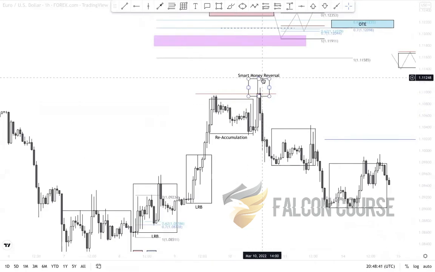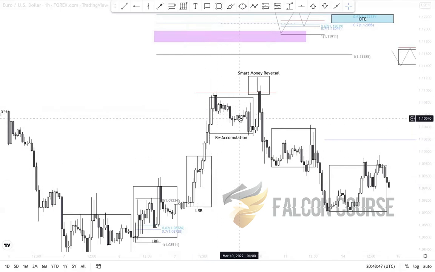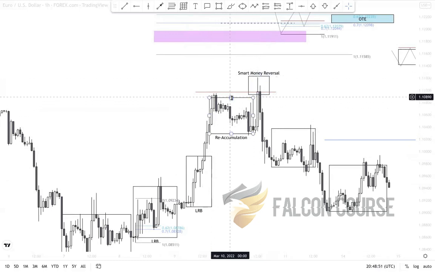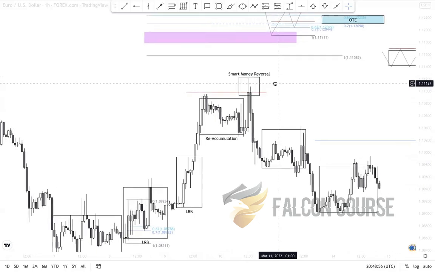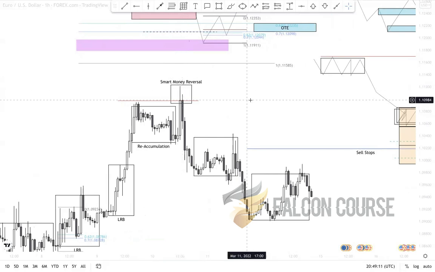So back to the smart money reversal. Once the market is in the reaccumulation stage, it will impulsively take out the reaccumulation and make the smart money reversal. Now, before I zoom in here on the lower time frame, I want to add a little bit of context on the actual smart money reversal, how you can notice that this is actually happening.